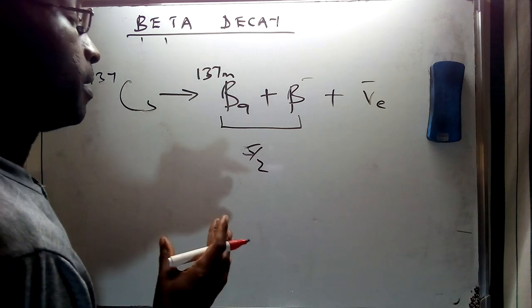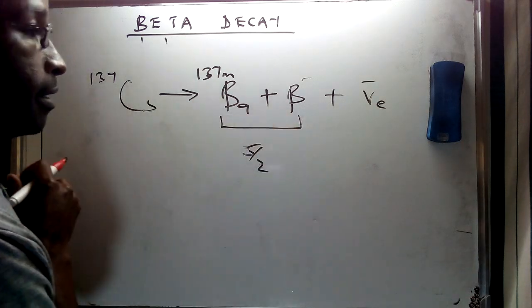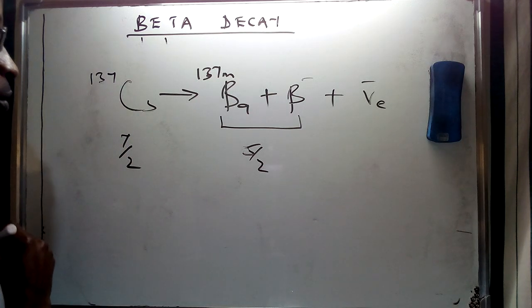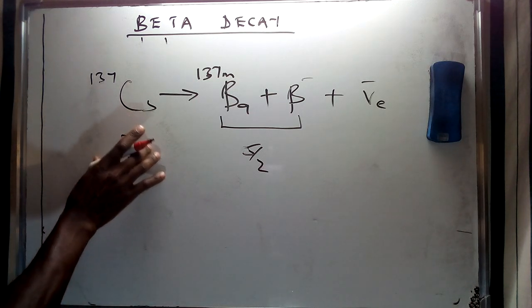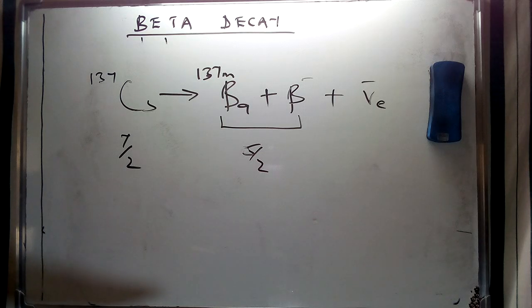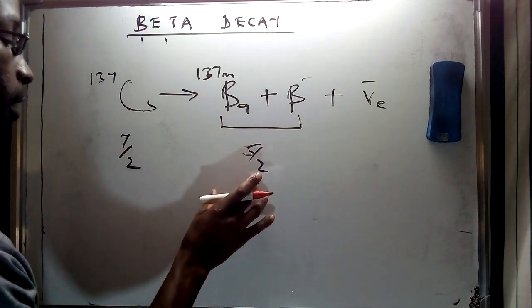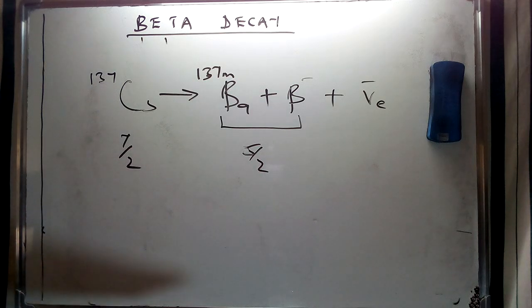An integral number refers to a whole number, which we need in this case to balance the total spin, whereby cesium-137 has a spin of 7/2, and these products have a spin of 5/2. The difference between these two is going to give us a specific value.